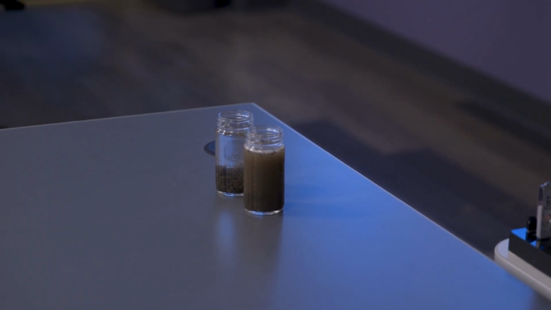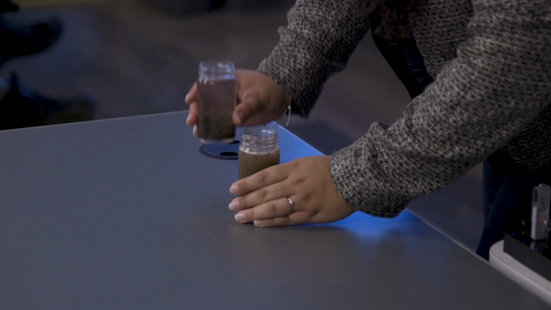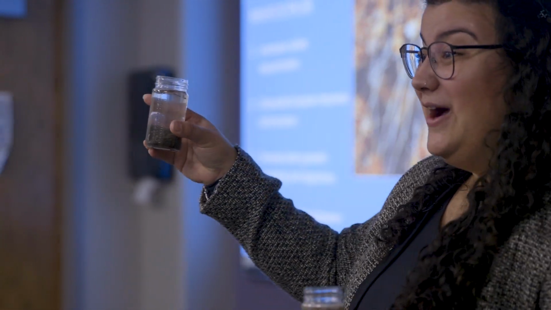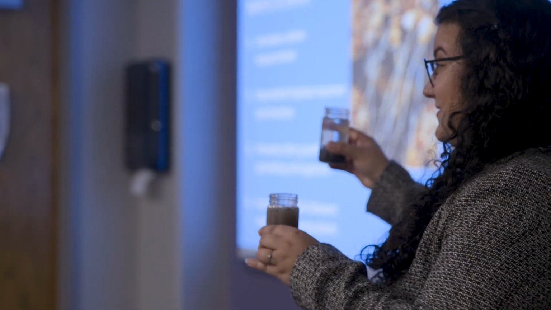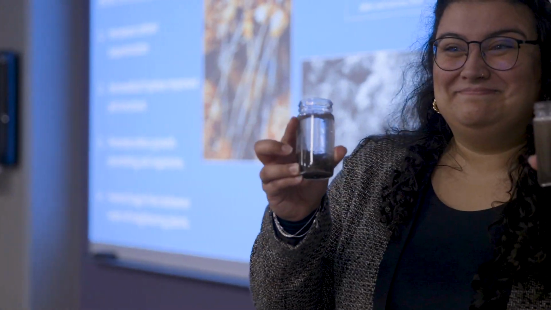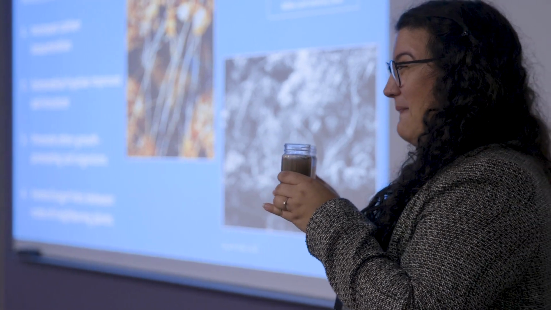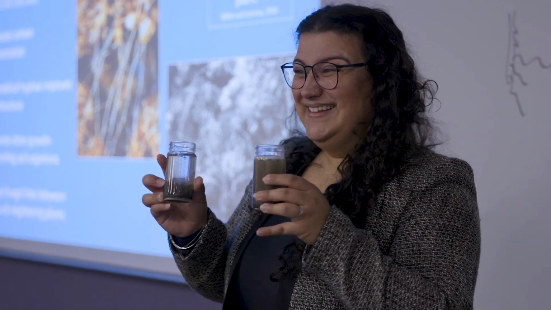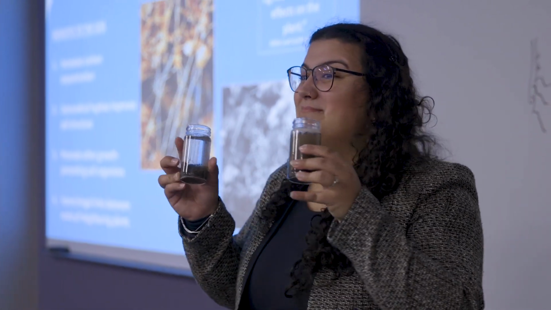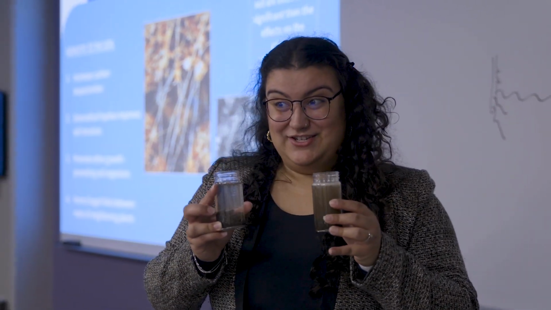See the difference? Here we have soils from the native prairie, collected from Konza, and you can see that we almost don't lose any soil particles. And here we have soils from conventional tillage. That's crazy. What is the difference? The soil is aggregated. Yes, mycorrhizal fungi is the main driver for soil aggregation.